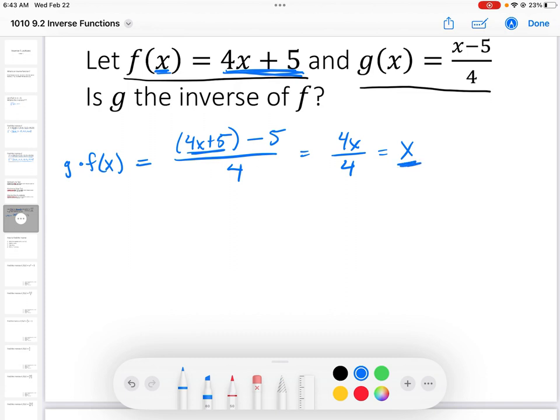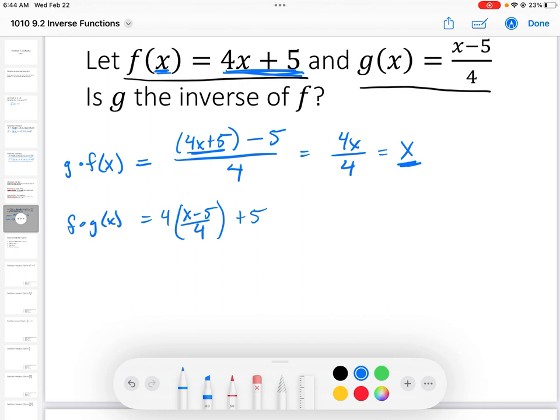Well, actually technically you'd have to check it both ways. So you'd also want to check f compose g of x. So you'd put x into g, which gives you x minus 5 over 4. Then you would put that into the function f, so multiply by 4 and then add 5. But if that also equals x, then that means that f and g are inverses of each other.